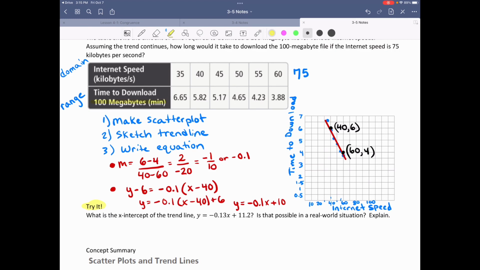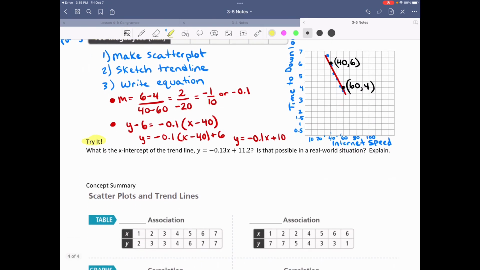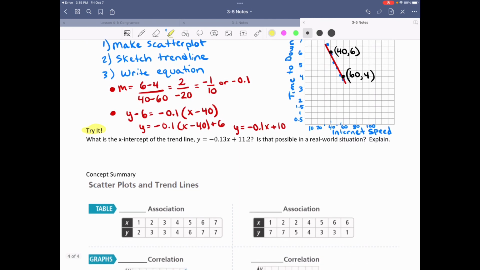And then we have a concept summary. So for the table, as the x values or the domain, oh, I need a pen. As the domain increases, the range also increased, and so that is a positive association.